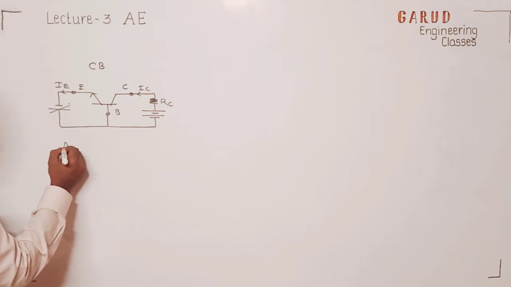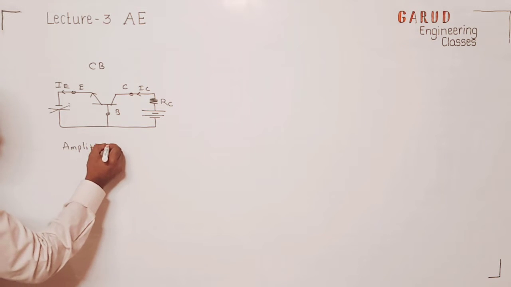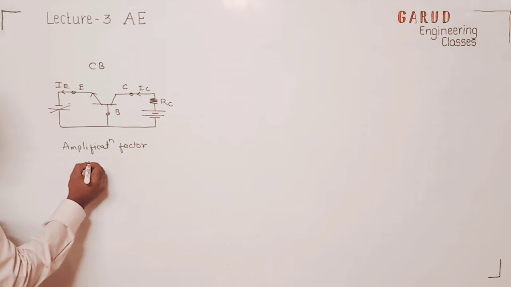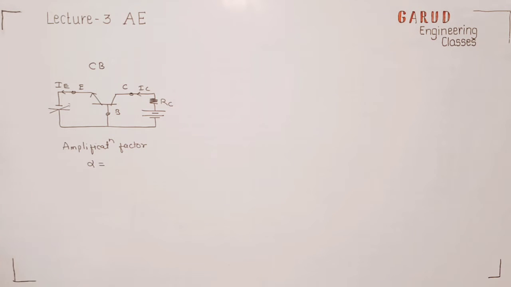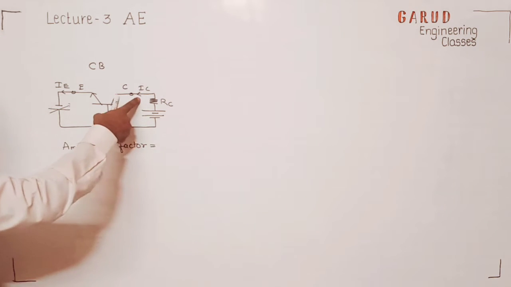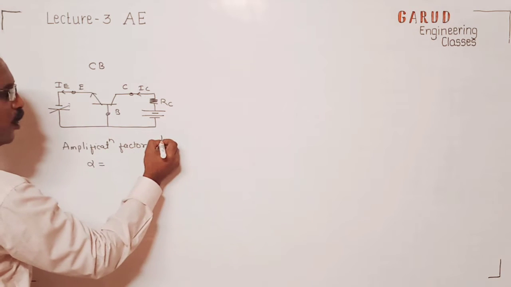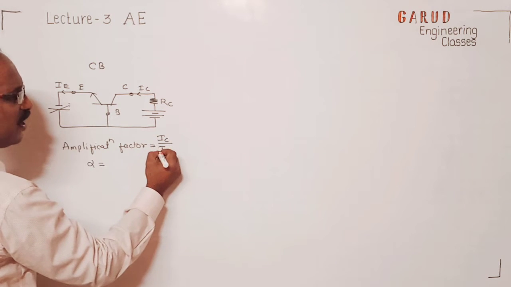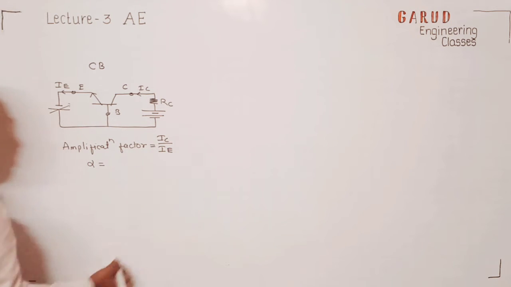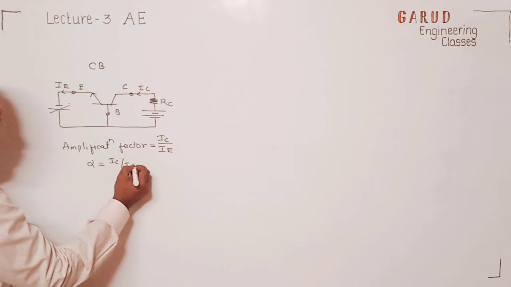Then what is the amplification factor? Here it is called alpha. The amplification factor is always output current upon input current. The AC amplification factor is the change in output upon change in input, while the DC one is output current upon input current. So alpha is equal to IC upon IE.